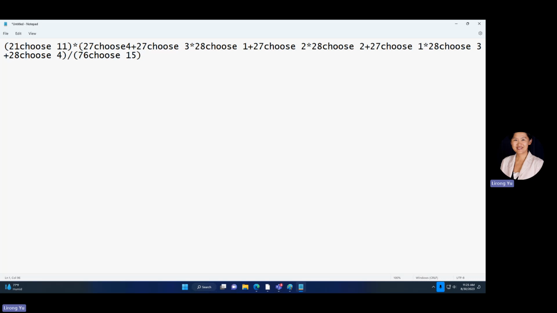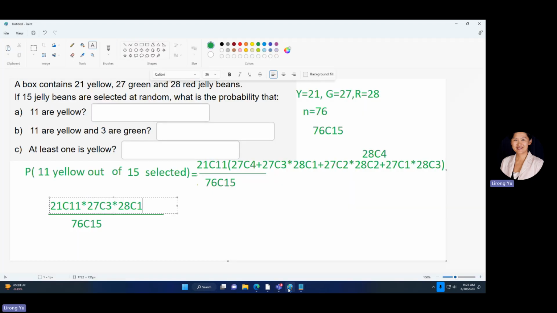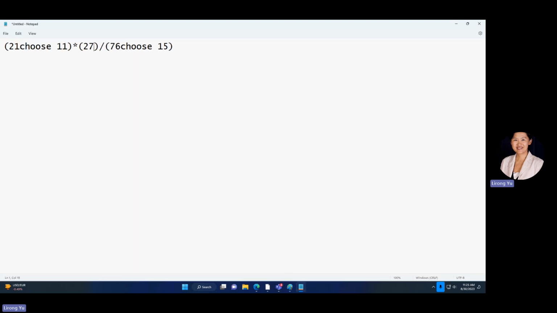So 21 choose 11, and green is 27, we're going to choose 3. So 27 choose 3. And the last one is 28 choose 1. That is the calculation.